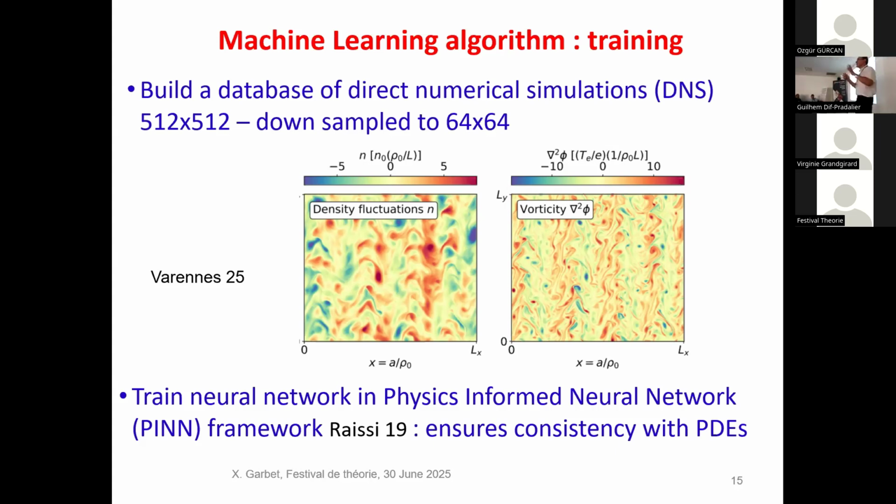You write your PDEs in the form of an operator times the field equal to 0, and you minimize the amplitude of this operator. So what you're telling the system is that it has to account for the underlying partial differential equations which are ruling your system. Otherwise, you get nonsense. And this is called physics-informed.